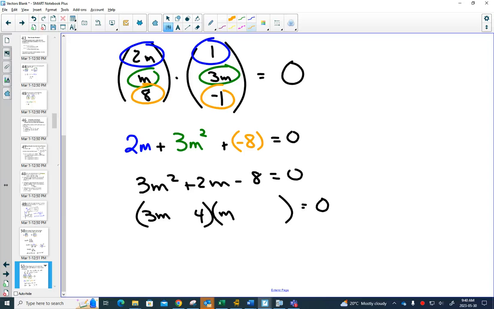I'm liking 4 and 2 because it would make 6 and 4. 6 and 4 makes 2 if the 6 is positive and the 4 is negative. So m would equal 4/3, or m would equal -2.